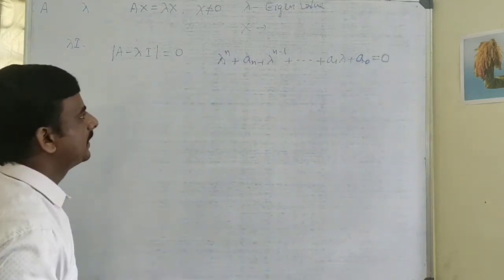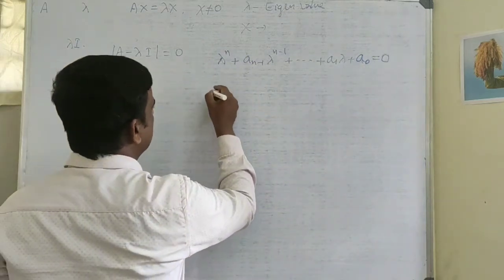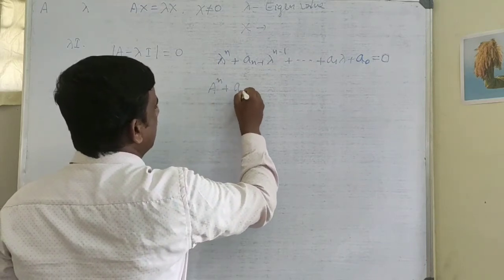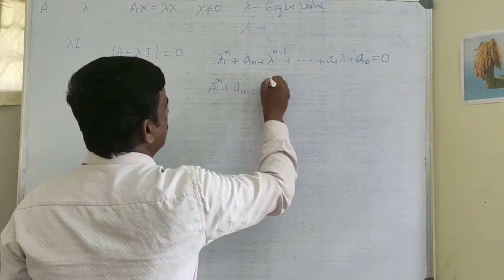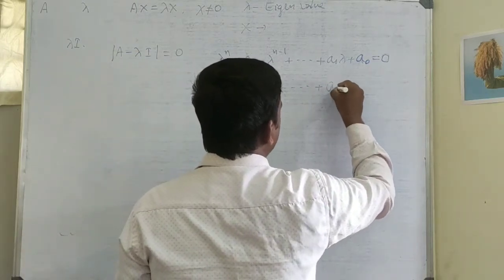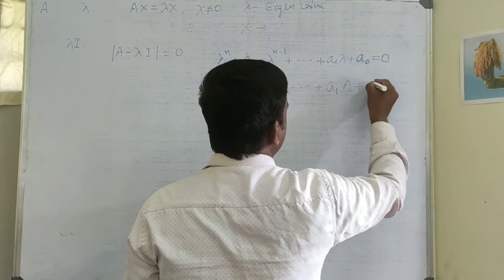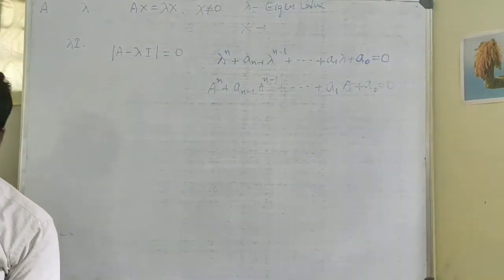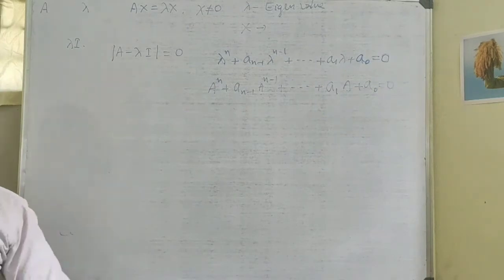Now, if I replace lambda by A, this will be A power n plus a n minus 1 A power n minus 1 plus and so on, a1 A plus a naught equal to 0. So what is this? This is a polynomial in the variable, what is the variable?